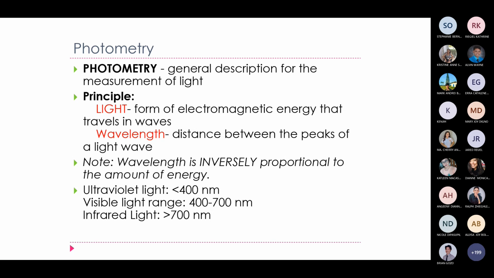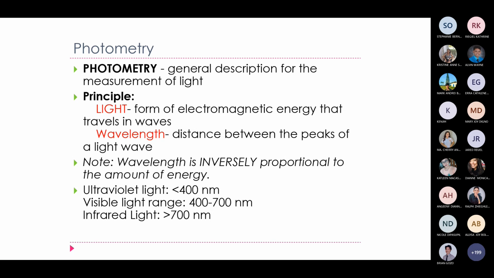Definition of terms naman, light, it is a form of electromagnetic energy that travels in waves. And for wavelength naman, this is the distance between the peaks of a light wave.